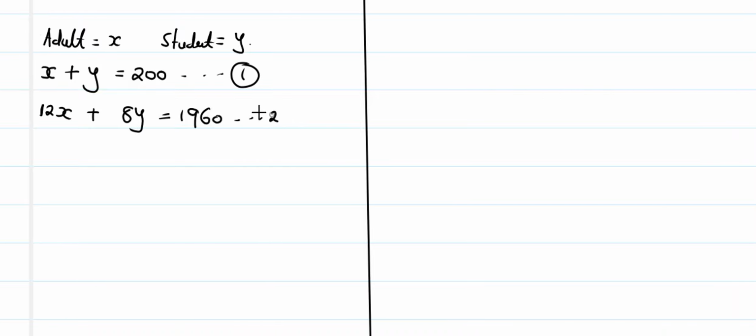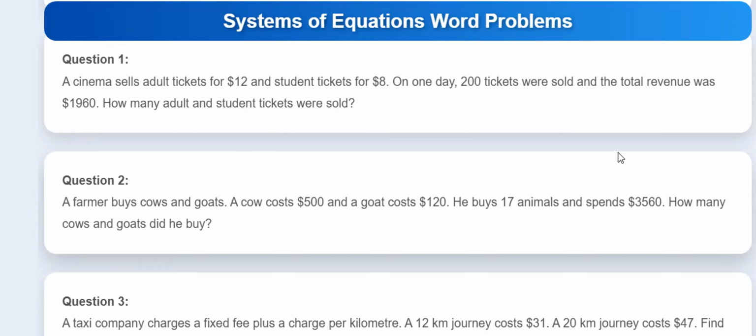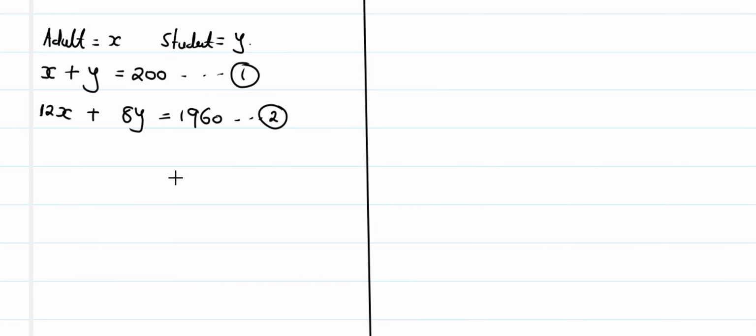And this becomes our second equation. So now that we have formed the equations, we can solve them using any of the methods we learned earlier. In this case, I can see I have X plus Y equals 200.